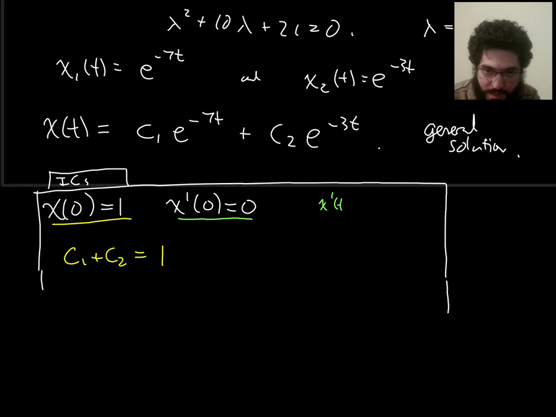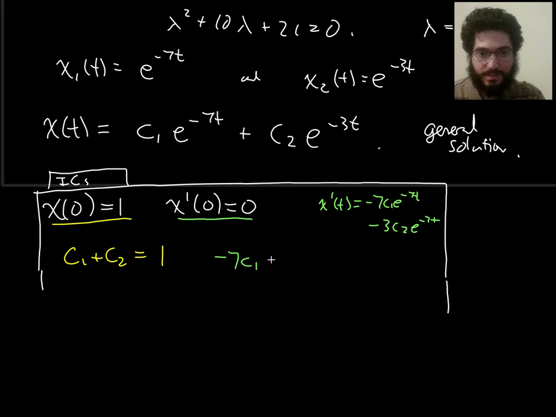So let me just quickly calculate that. X prime is negative 7c1 e to the negative 7t minus 3c2 e to the minus 3t. Okay, now plug in 0, and for this equation, on the left-hand side, I get negative 7c1 times 1 minus 3c2 times 1 equals 0.